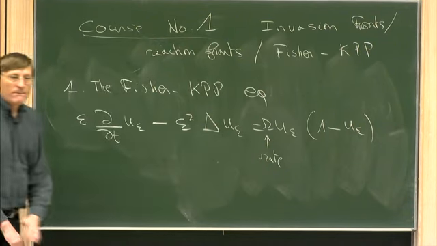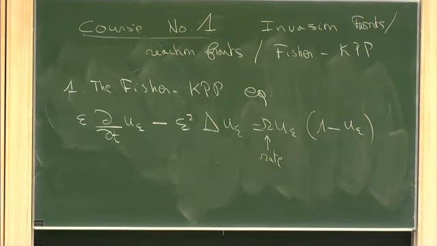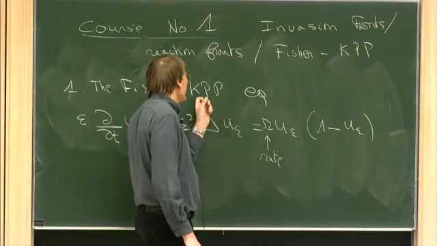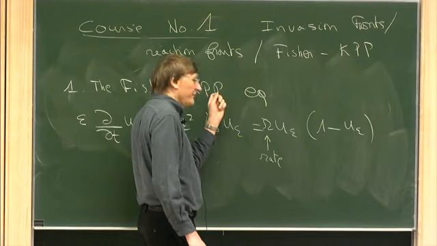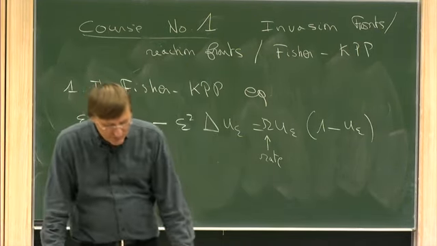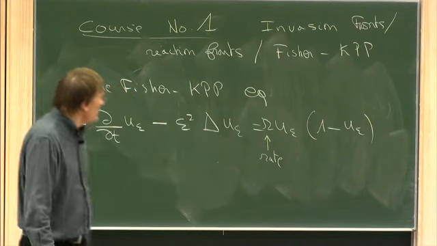Further, with audience participation, could you tell us what KPP is? KPP equations, I always forget what is the third: Kolmogorov, Petrovsky, Piskunov. And this is a case of a chemical reaction.